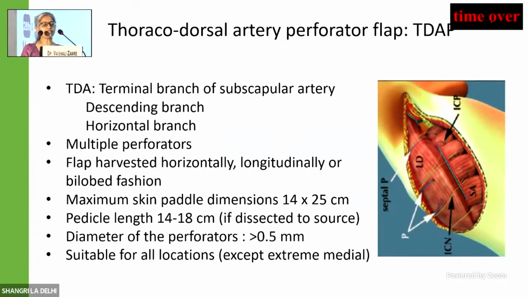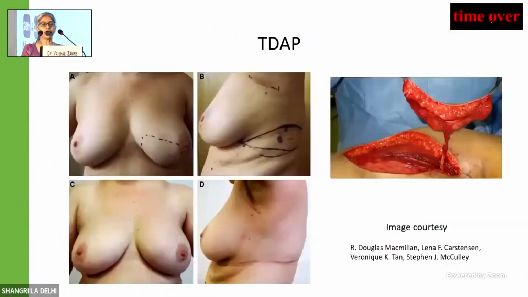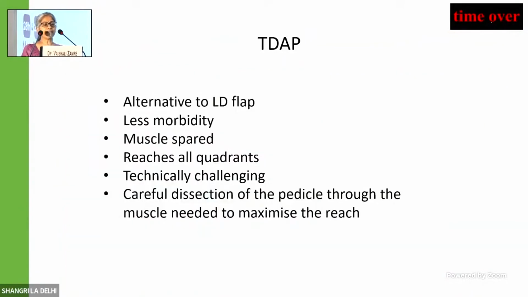It can be harvested with a large skin paddle of around 14 by 25 centimeters. If the perforators can be dissected to the source, then the pedicle length can reach 14 to 18 centimeters. As a result, these flaps are suitable for all locations except maybe extreme medial locations. Again, these are some of the examples.